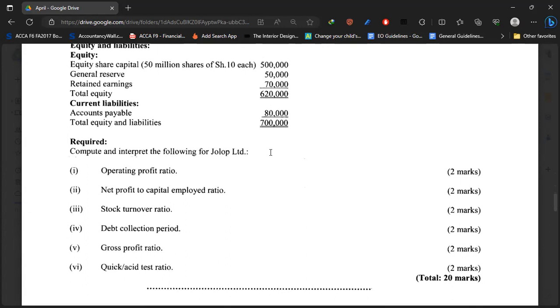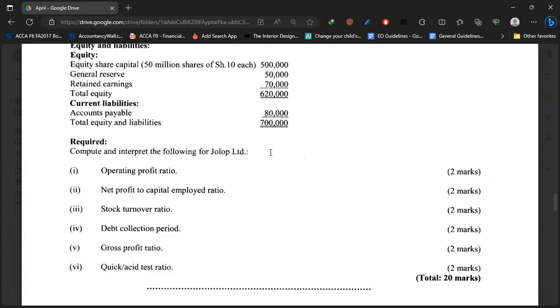One, it is the operating profit ratio. I will leave you to go and do those interpretations. The first thing I should ask myself is, how do I normally get the operating profit ratio?